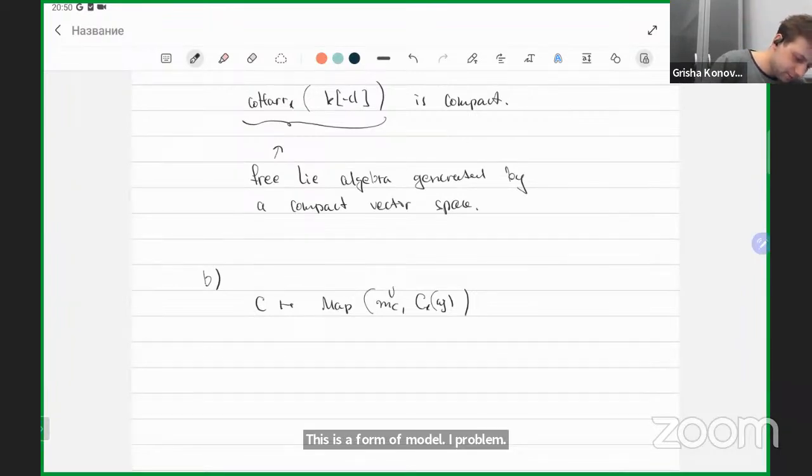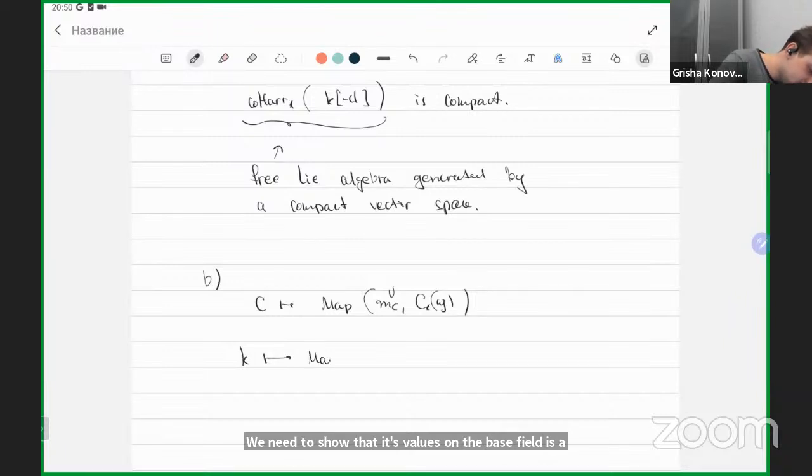So there were two conditions, if you remember. First, we need to show that its value on the base field is a contractible space.